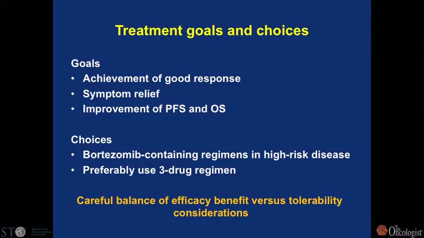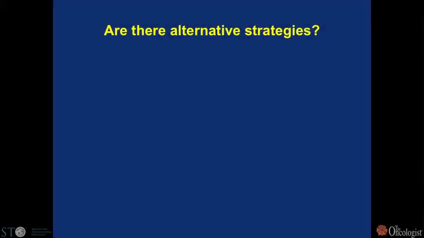And also, I think this is always true, that we should find a careful balance between efficacy and tolerability in these patients, and maybe especially if they are high risk. But then still we know that some patients maybe need an alternative strategy. Dr. Einsele, what are your ideas about patients that are very high risk, that we know have a high probability of relapse?